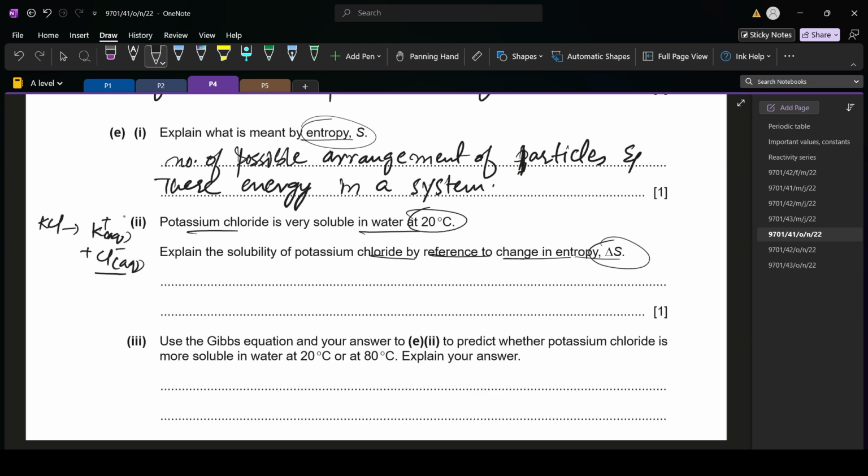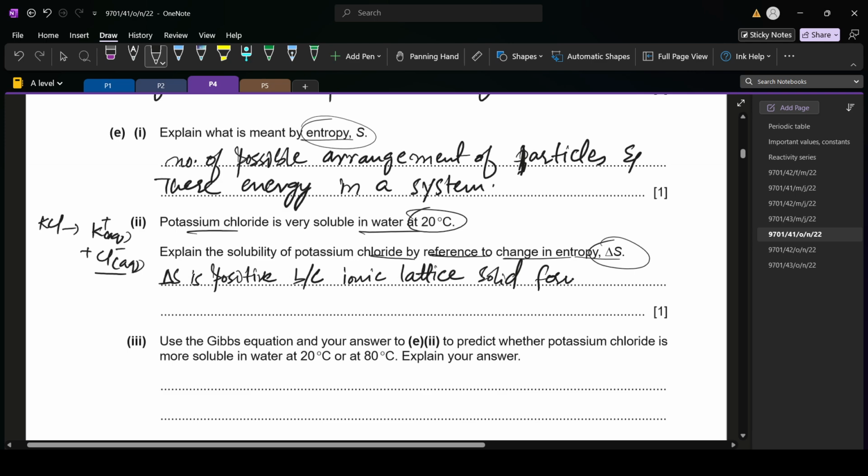The entropy change is positive because the ionic lattice solid forms aqueous ions.